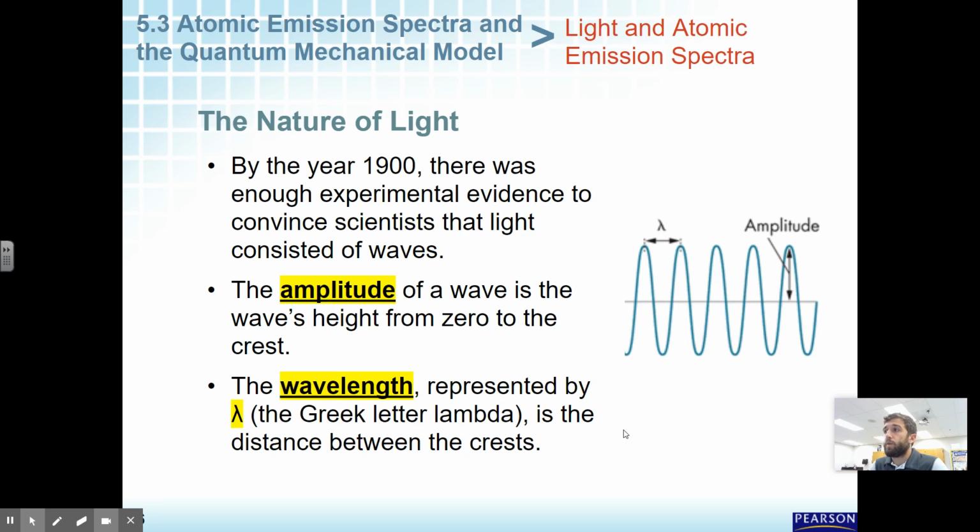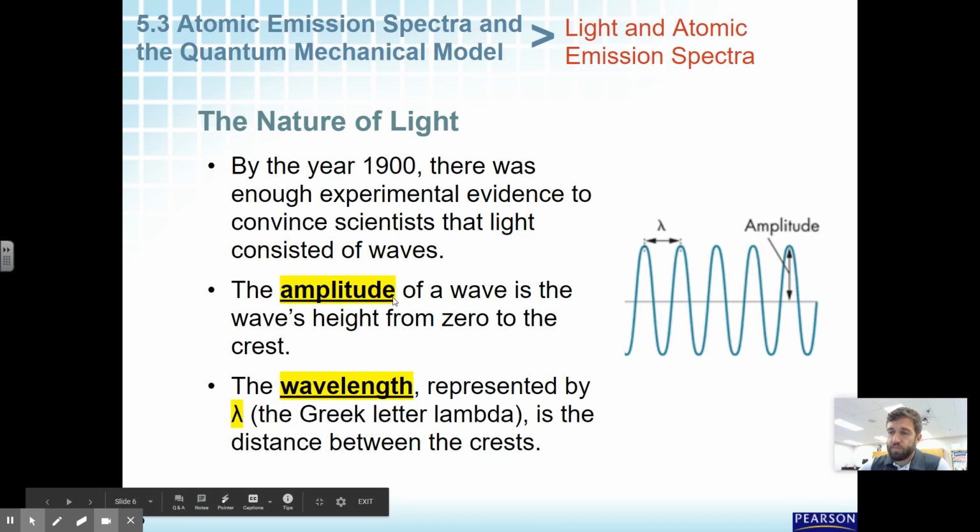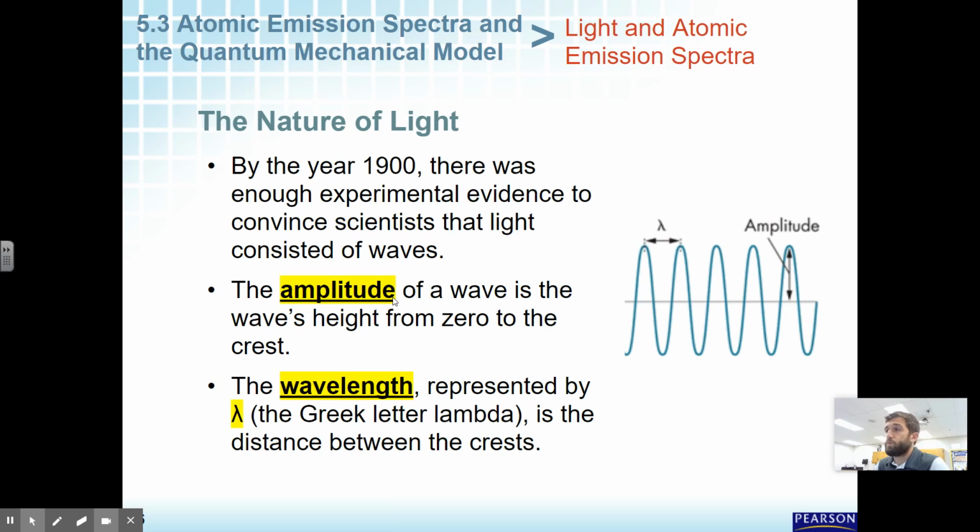So we're going to talk first about the nature of light. The first thing we need to mention is wavelength. We have a symbol that we use for wavelength, which is represented by the Greek letter lambda down here. Okay, so we need to know what wavelength is. It is the distance between the top of each wave, and we call that a crest.